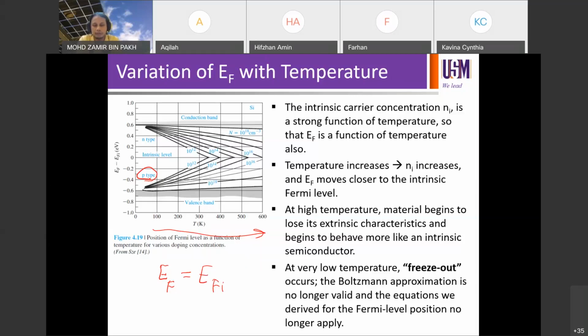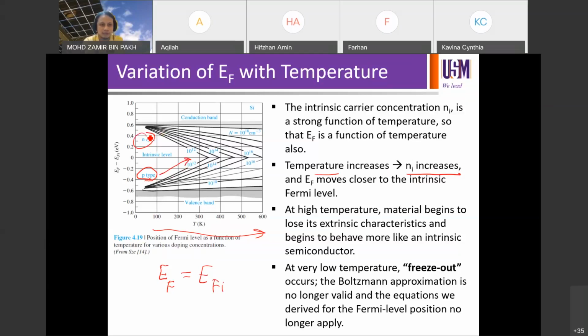Even though you start off with p-type, if you increase your temperature high enough, your EF will actually move towards intrinsic. Okay, why is it so? Let's have a look. Ni increases when your temperature increases, in your p-type or in your n-type. For p-type, it's going to move up to 0.